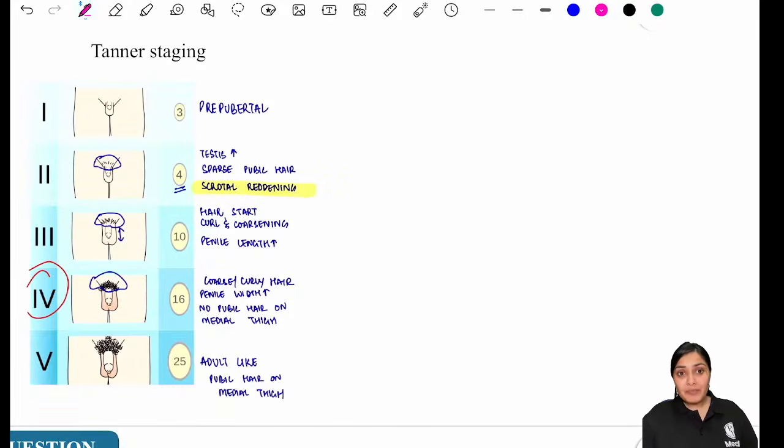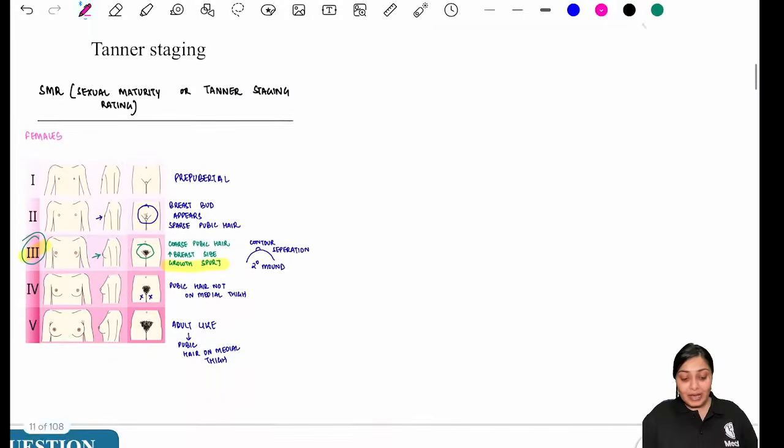Then in stage 3, the hair will start to curl and coarsen, and there will be increase in the penile length first. In stage 4, the hair will become more coarse, more curly, and along with the length, width also increases. The pubic hair would be just like the adult pattern, but no pubic hair on the medial thigh. The adult-like pattern where the pubic hair is present on the medial thigh as well will be seen in stage 5. So this is Tanner staging in males.